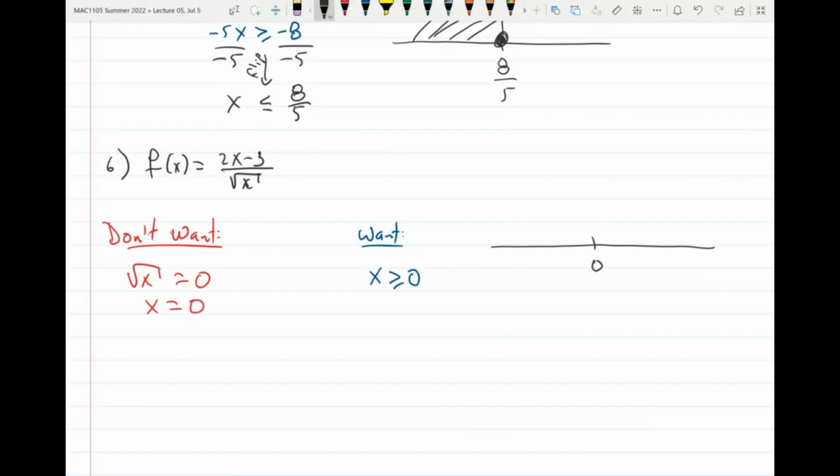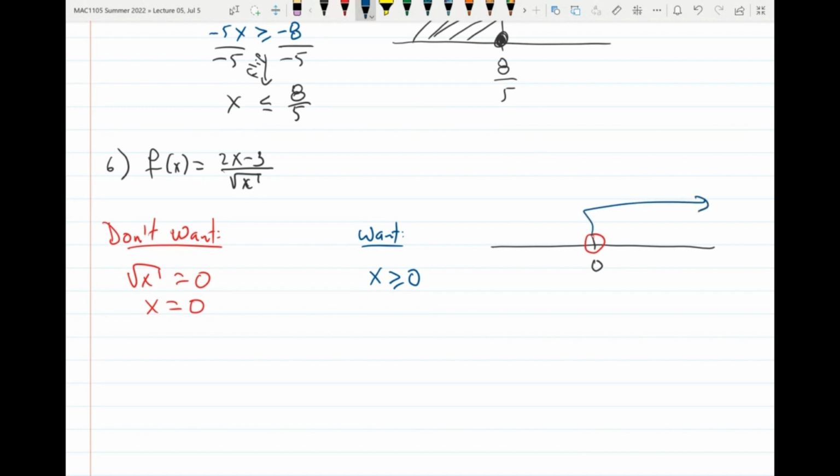Definitely 0 is a key player here, and that's the only one we're interested in. Because we don't want it, you do an open circle there. We don't want this guy, so we cannot include it. Then you go to your want list, and it's telling you that it wants x greater than or equal to 0. We already know we don't want 0, so too bad, but anything bigger than 0 is fine.